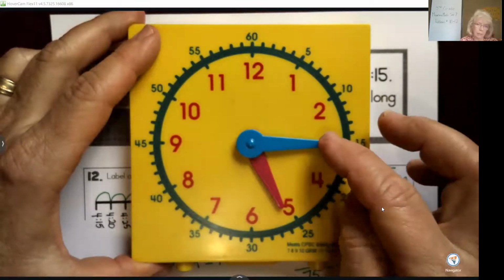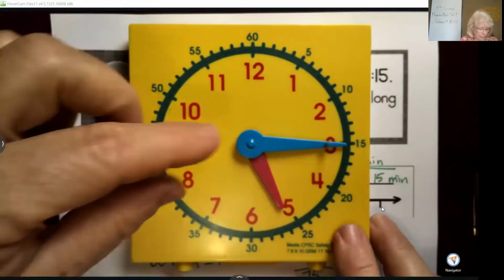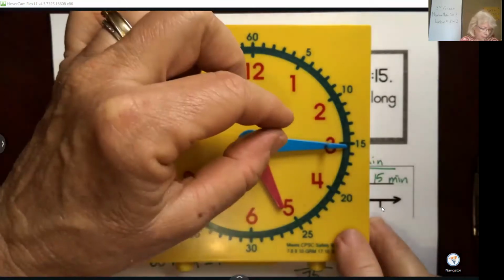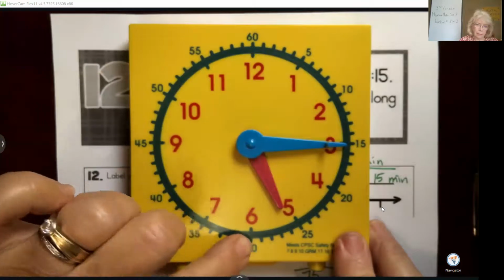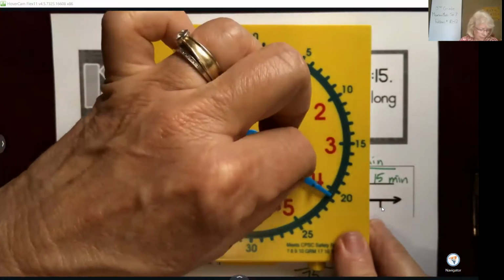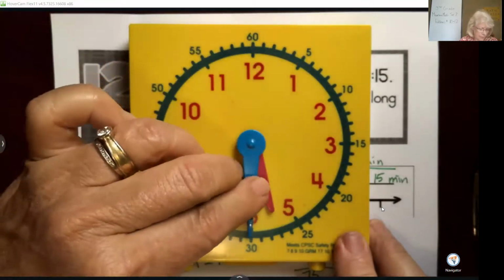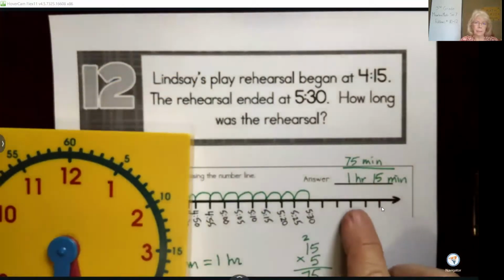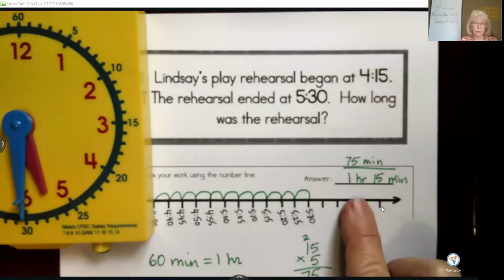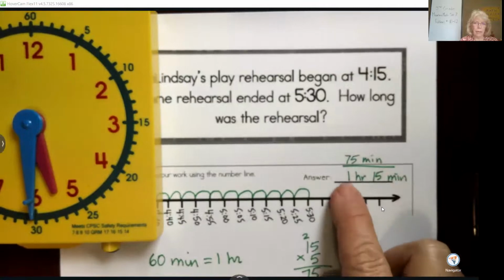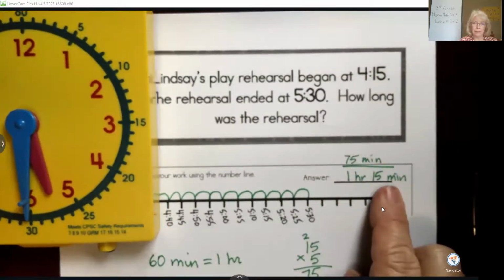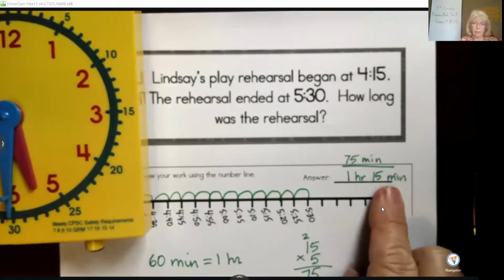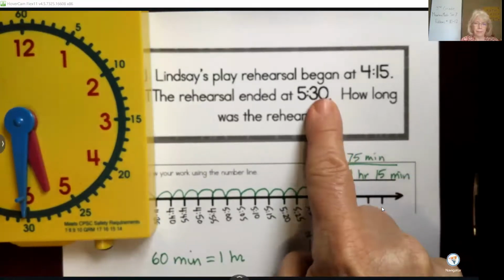So now I'm going to count by fives from 5:15, and to get to 5:30, I'm going to go 5, 10, 15. And that gets me the same answer here, which is I moved the minute hand to go 1 hour, one full rotation around, and then 15 more minutes to get to my final time of 5:30.